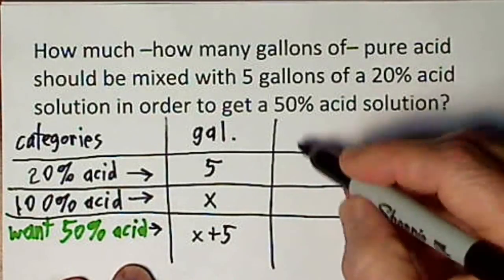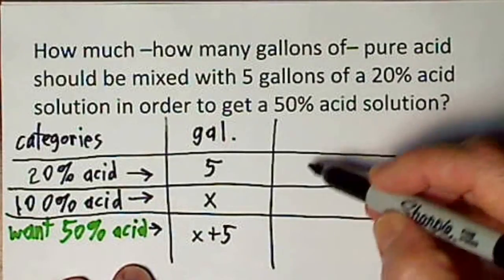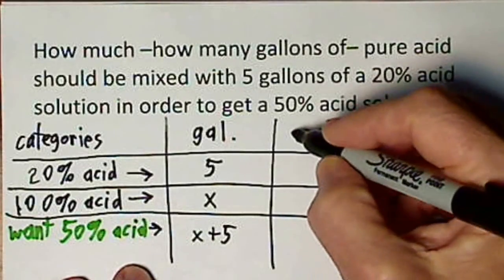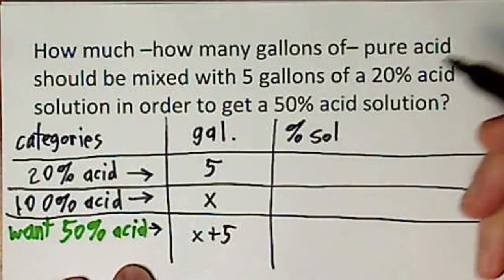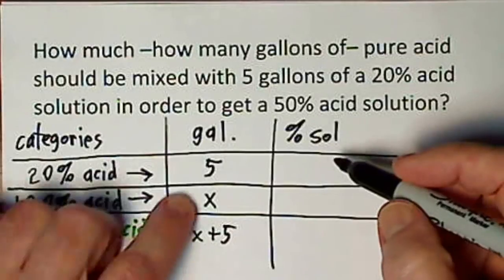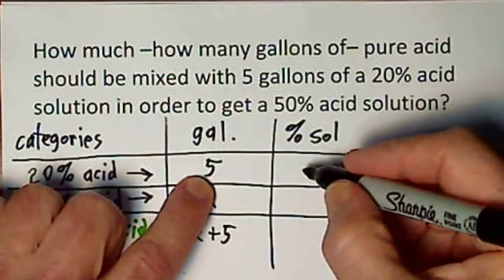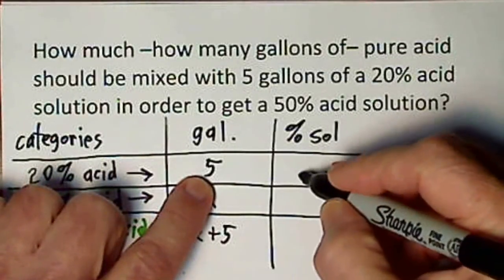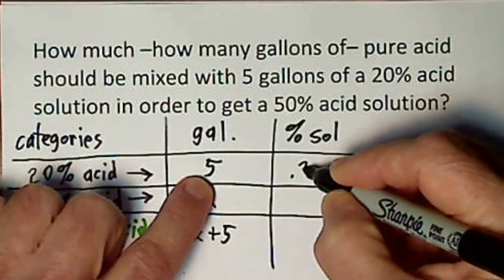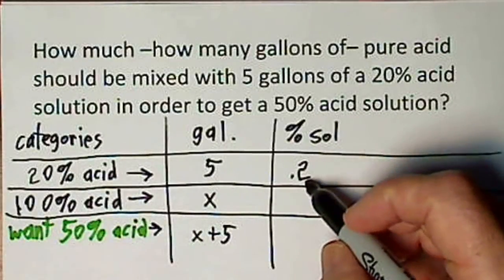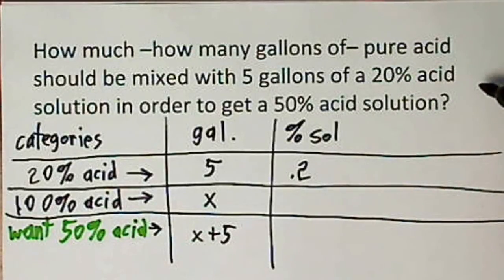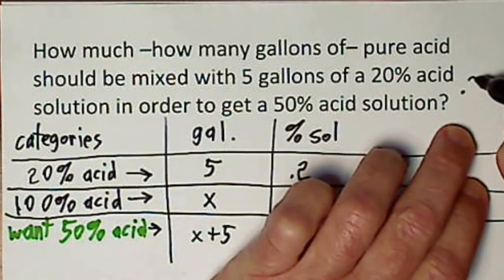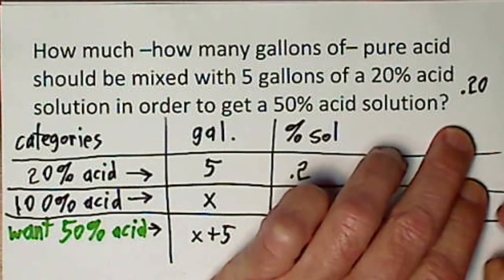And again, we're going to want to keep track of these different categories. So let's say percent solution. All right, so we have 5 gallons of 20%. 20% I'm going to write as just 0.2 or 2/10. 20% can be written as, I'll write it up here, 0.20, but I can drop that trailing 0.